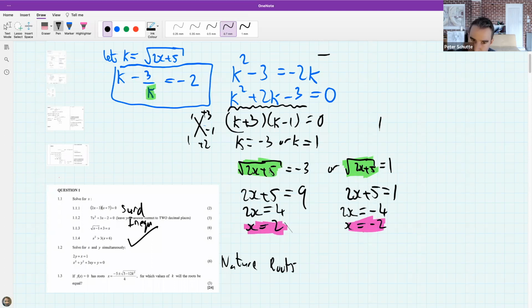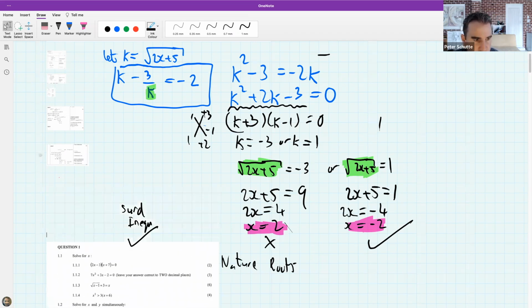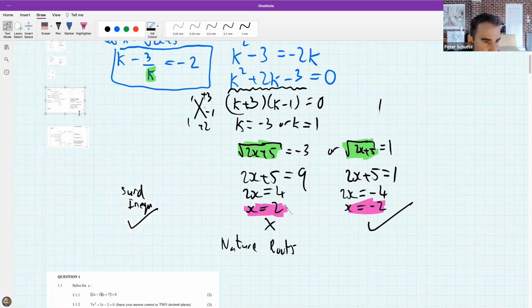Now, in terms of this equation, it's going to be defined as the positive root, which means that this is going to be rejected. This one over here works fine. 2 times minus 2 is minus 4. So minus 4 plus 5 is 1, and the square root of 1 is 1. And so that's why we're only going to keep this answer over here. I do want to do a quick little check, though, just to show you maybe there's a bit more working out I can show you.